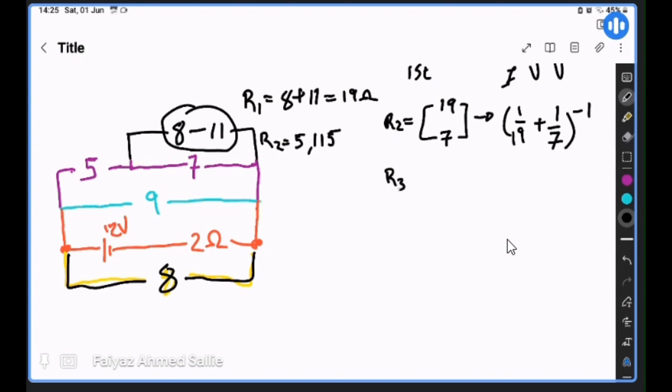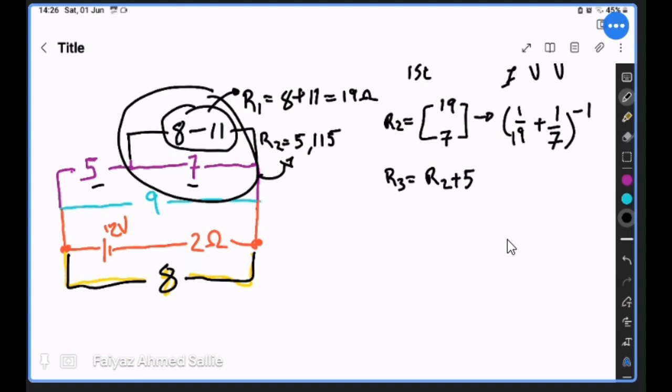So resistor 3, we can see that the 7 and the 5 are in series. So we have R2 plus 5, because R2 and 5 are in series, right? All of this is R2, and all of that is R1.